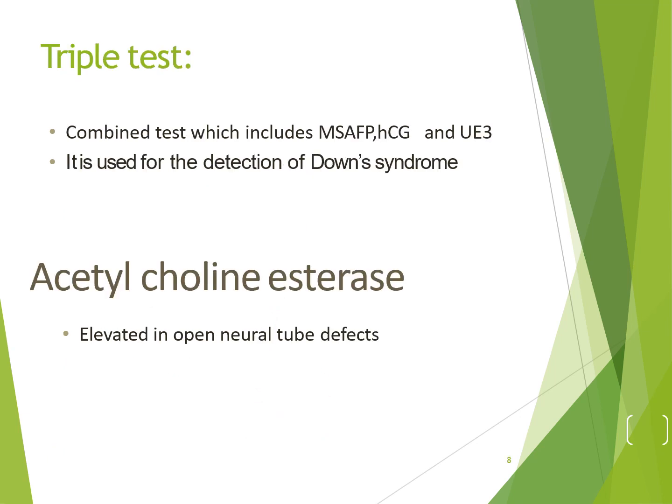The next test is the triple test. In the triple test, we are assessing three parameters, that is maternal serum alpha fetoprotein level, levels of HCG, and levels of estriol. The maternal serum alpha fetoprotein level is 10 ng to 150 ng per ml at around 32 weeks, and HCG levels already we have seen in the diagnosis of pregnancy.